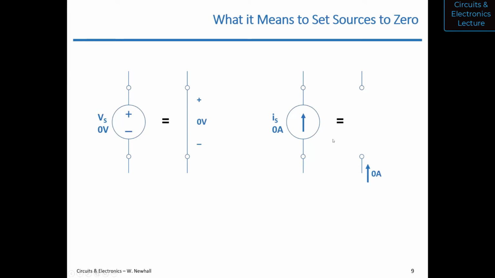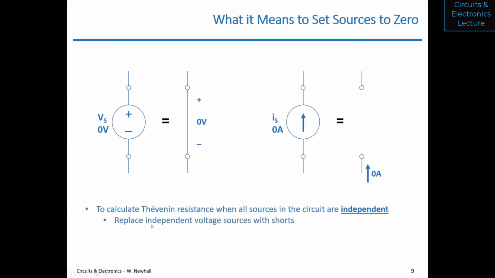So to calculate the Thévenin resistance when all sources in the circuit are independent, you replace all of the independent voltage sources with shorts. You replace all of the independent current sources with opens. And then you calculate the equivalent resistance between the terminals. And then the Thévenin resistance is that value.